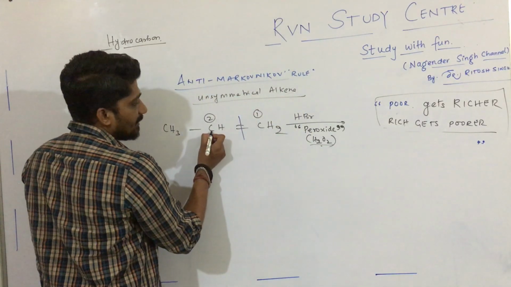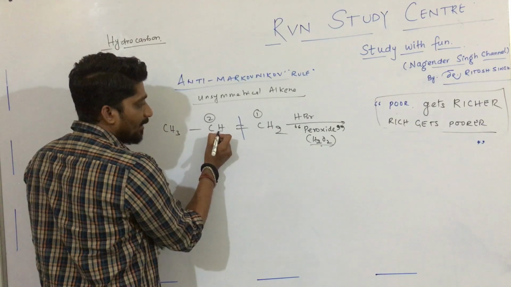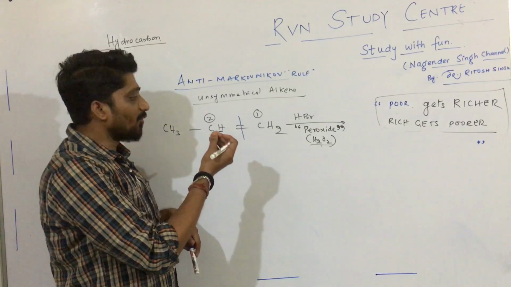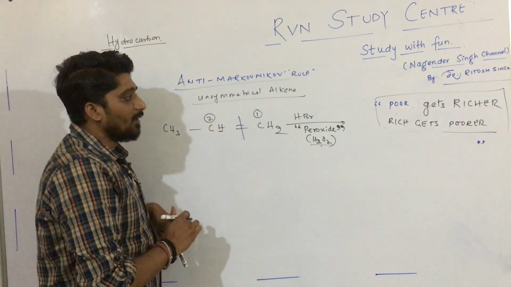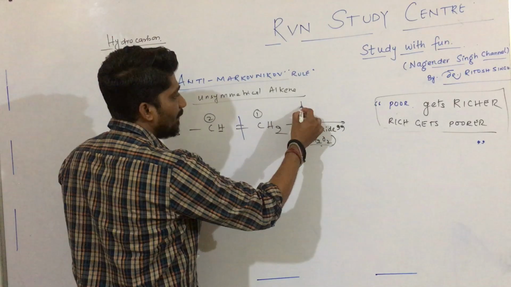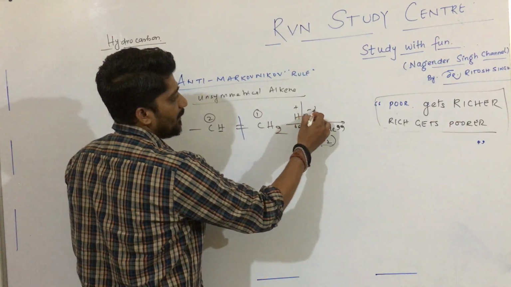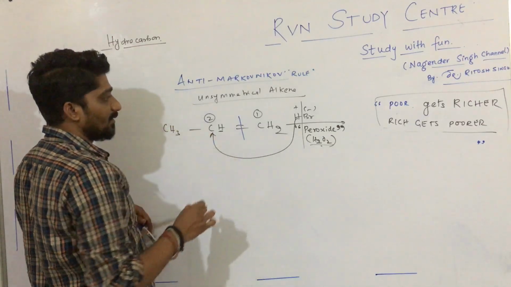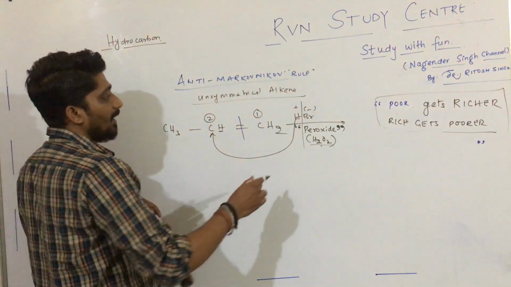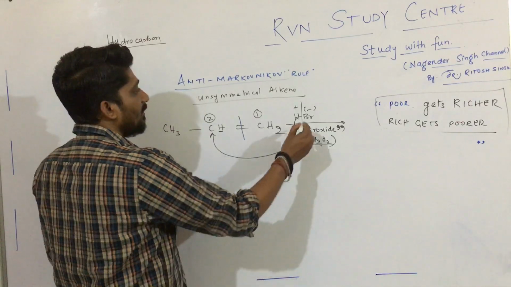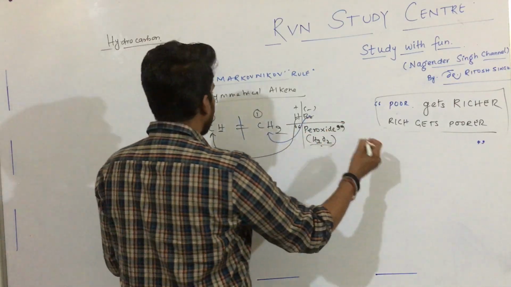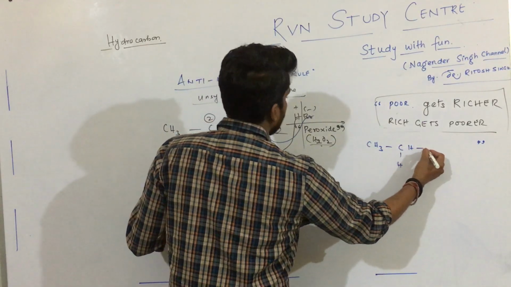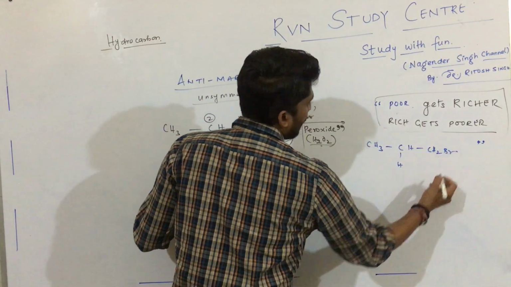You see, the second carbon has only one hydrogen, so it can pull only a small amount of electron density towards the carbon. Now once the HBr breaks into H plus and Br minus, H will come to the second carbon, and Br will come to the first carbon. So our product will be CH3 CH, here one H, this is CH2Br.